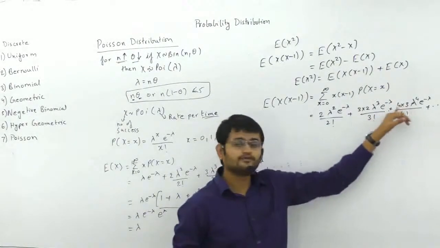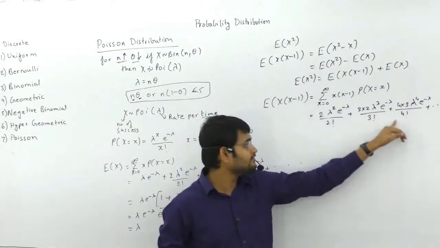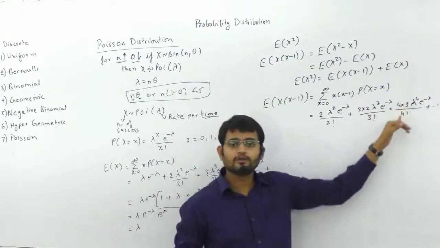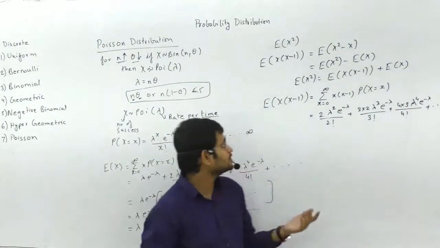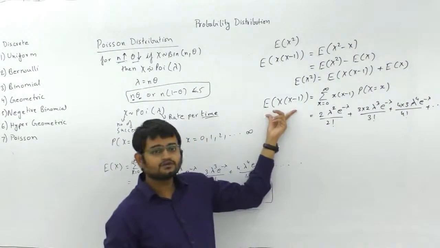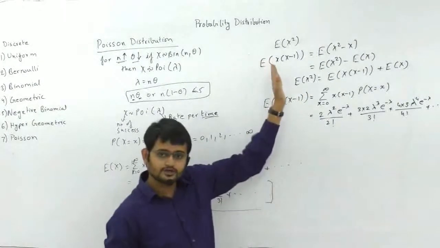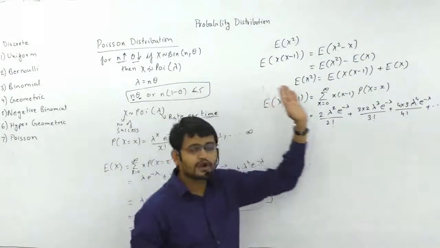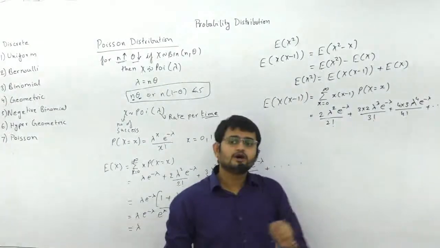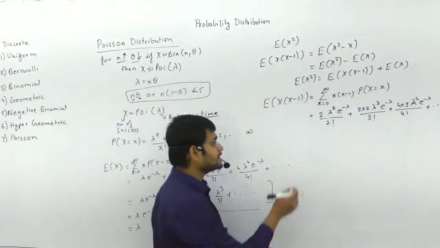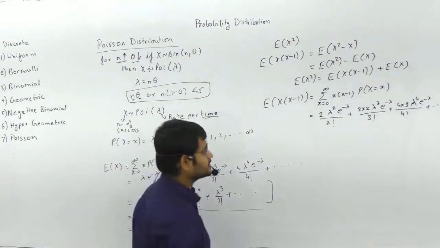Similarly here we would have 4 square. If we remove one 4, we would not be able to remove the other 4 and so on. Therefore, we use this term to find E of x square. It's not impossible to find E of x square directly; we'd have to add and subtract a particular term. But this way it becomes much simpler.